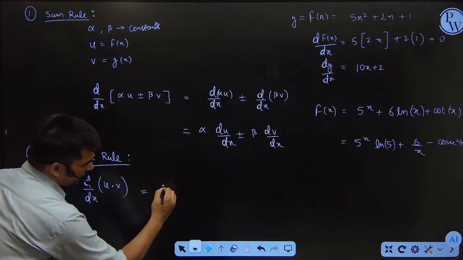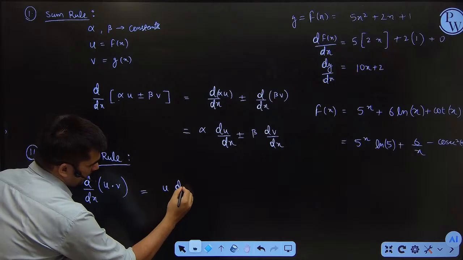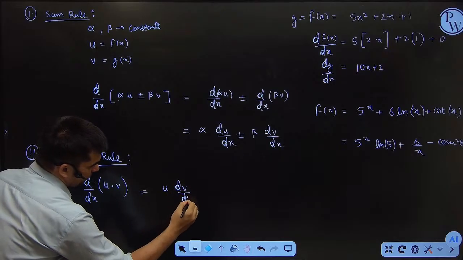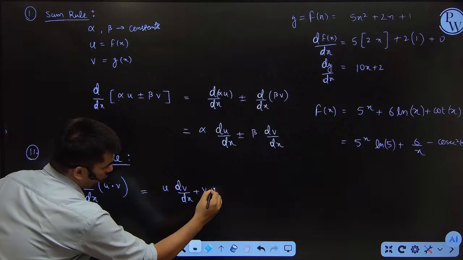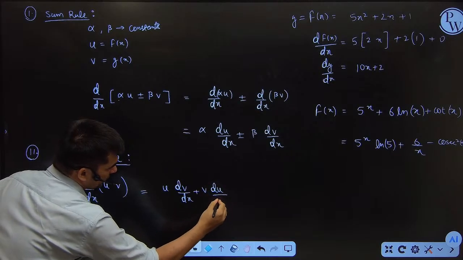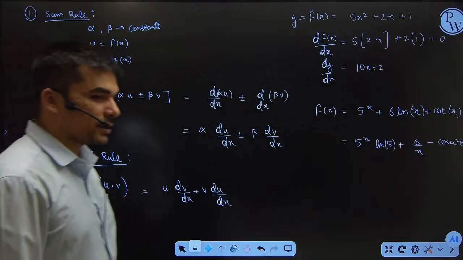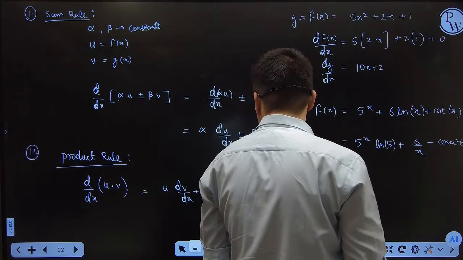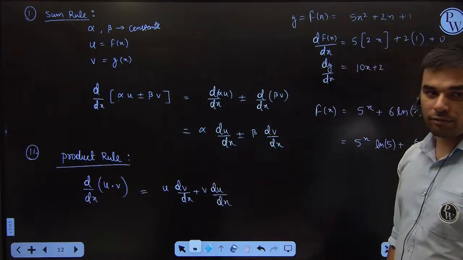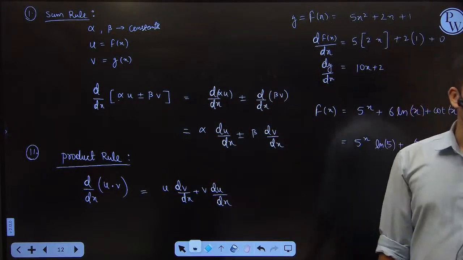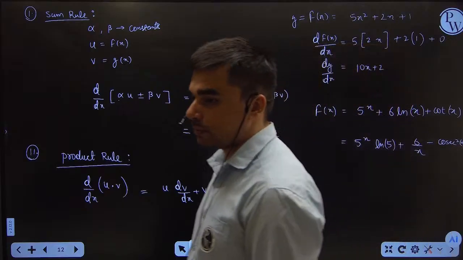We can write this as u into dv by dx plus v into du by dx. Of course, the proof of all these you will be studying in calculus, okay. Once you go across the calculus, you will be looking into all these proofs also. Write down. Let's say product of two functions is given to you. You can leave one function, differentiate the other function. Same way, the second one also you can do. Done.